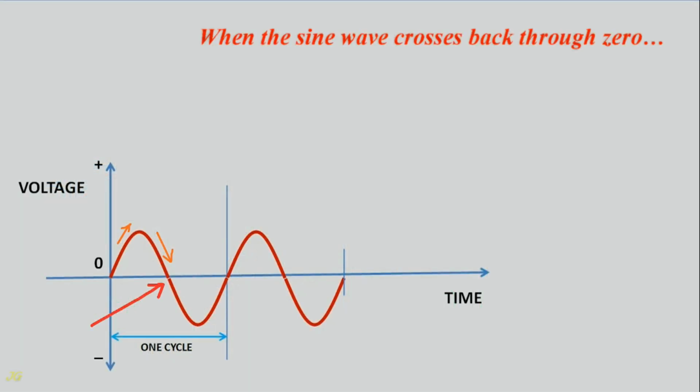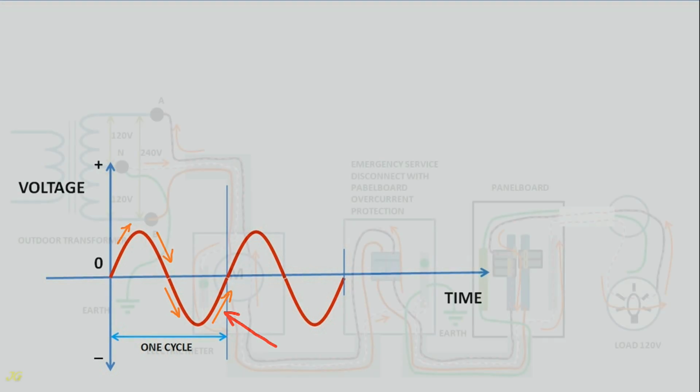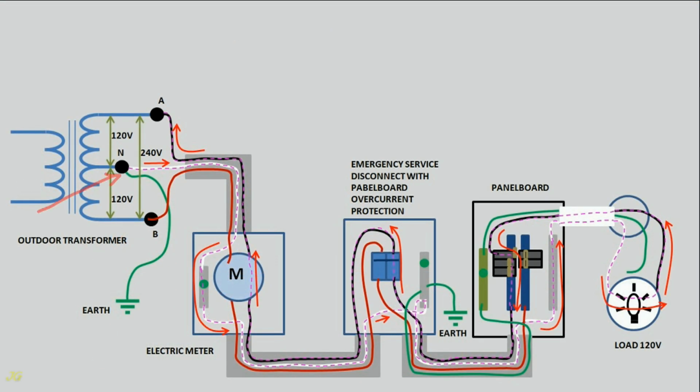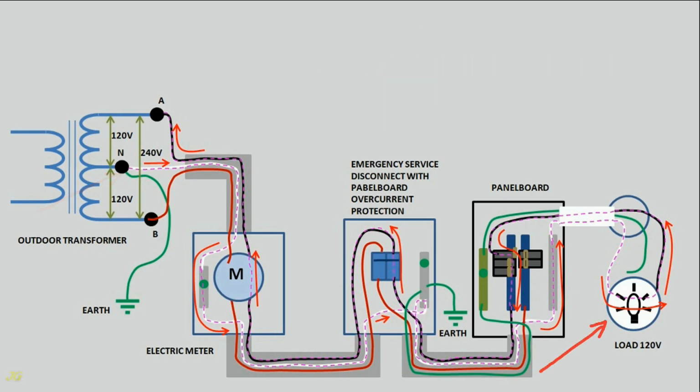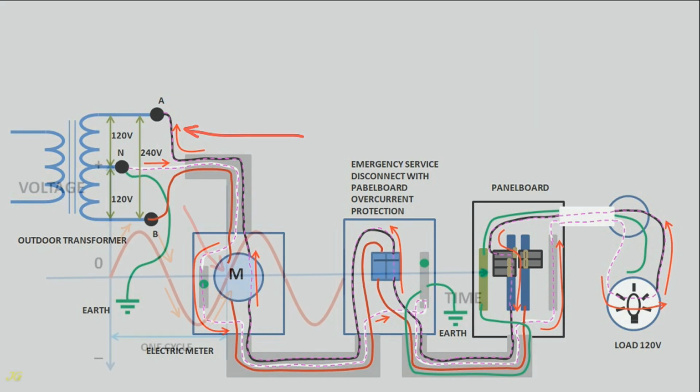When the sine wave crosses back through 0 and starts to peak negative and then returns to 0, current flows in the reverse direction: from the transformer neutral point, the grounded coil center wire, through the load, and back through the hot phase wire to the transformer power source.